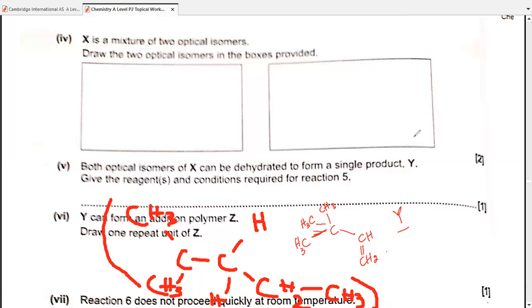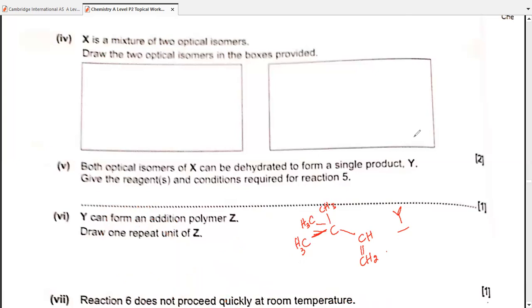One second, sir. I just found a mistake. So in this area, there are three CH3s, right? Right. C into CH3 is 3.